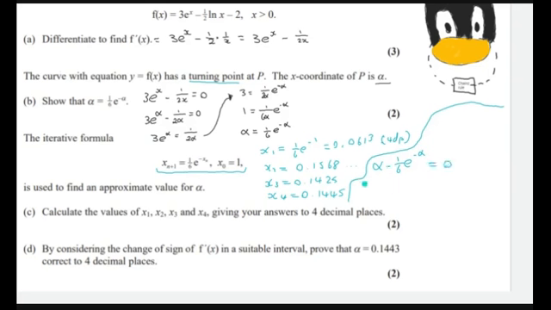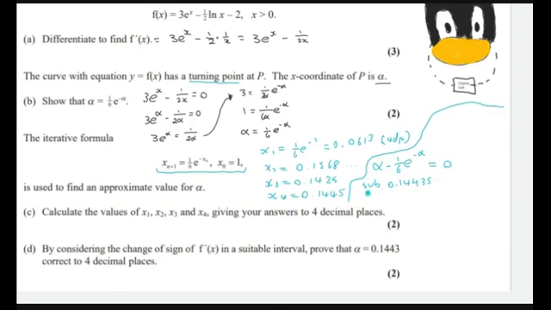Now I'm going to sub, as we're proving that alpha is 0.1443 correct to 4 decimal places. This is kind of a bounds question where we want to sub the lower bound and the upper bound. If this is 0.1443 to 4 decimal places, then the upper bound of this would be 0.14435.